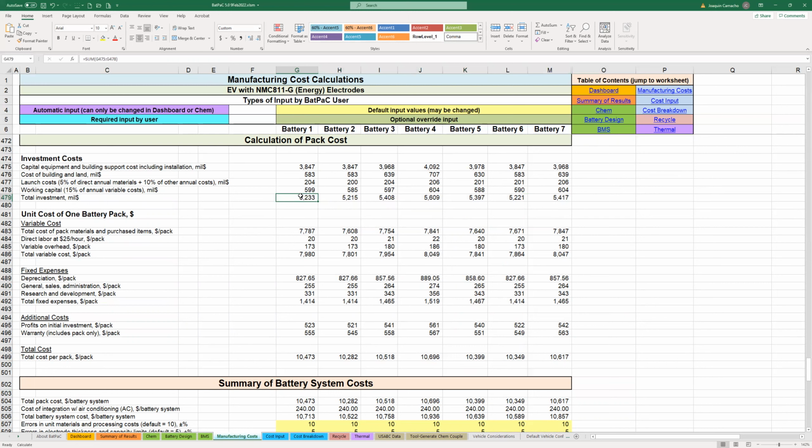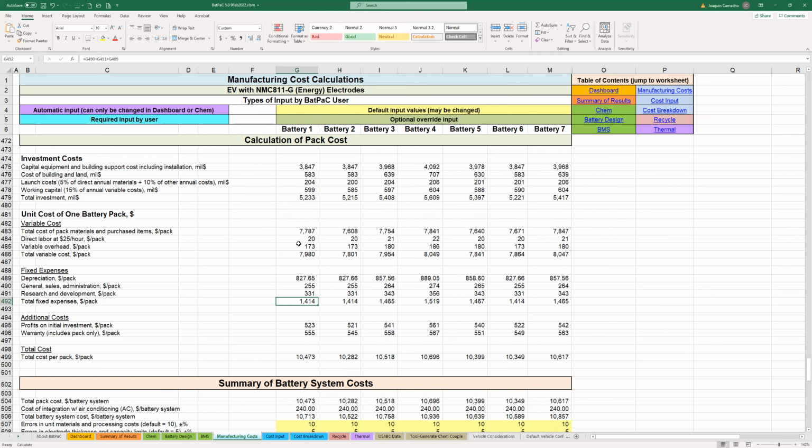Our initial total investment is 5.2 million. The total variable cost per pack is almost $8,000 per pack. The fixed costs are $1,400 per pack.